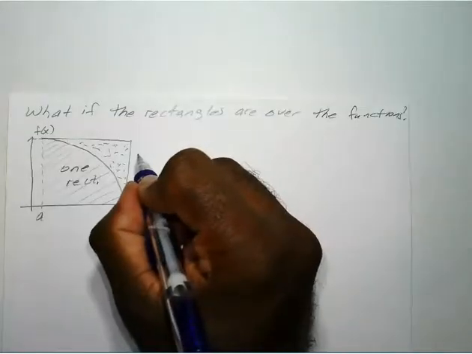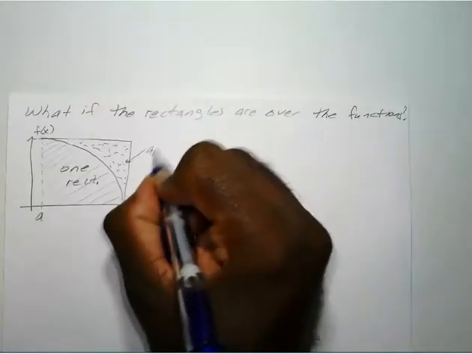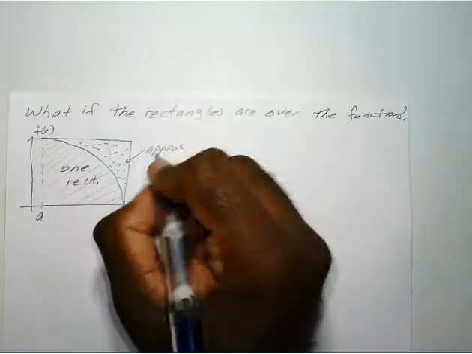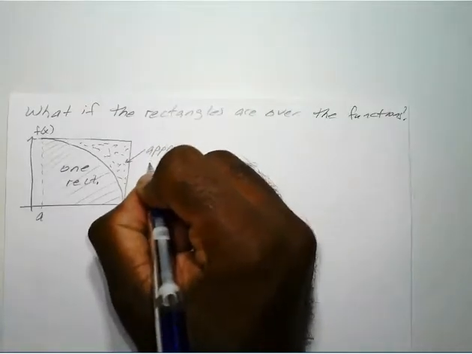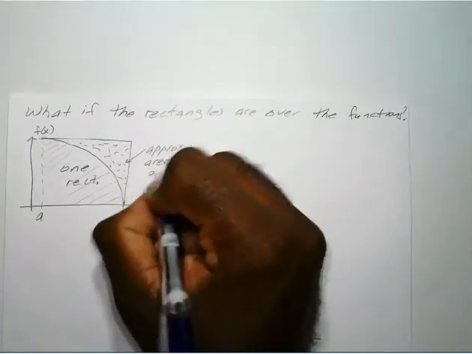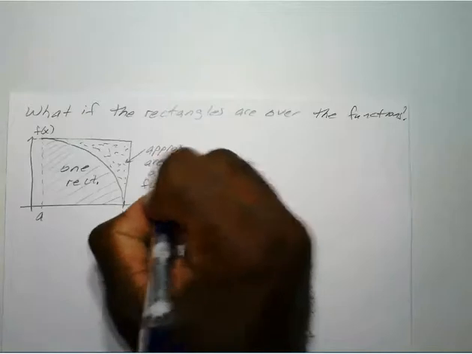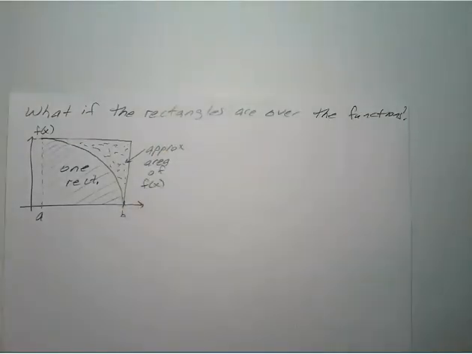So we can see here that this is the approximation or approximate area of our f of x. Okay. Again, when you use one big rectangle, it's not going to be a very good one. But what if you use two rectangles?